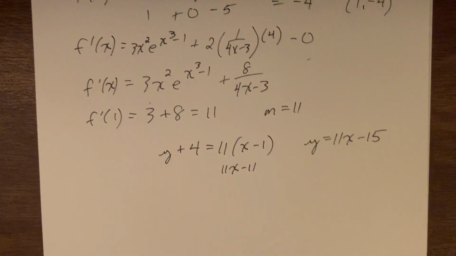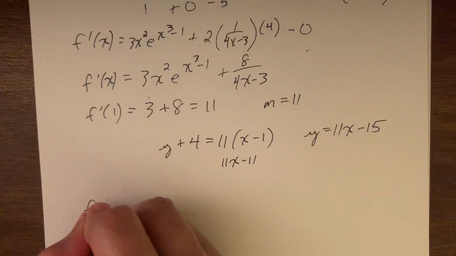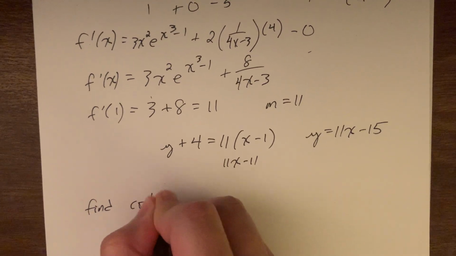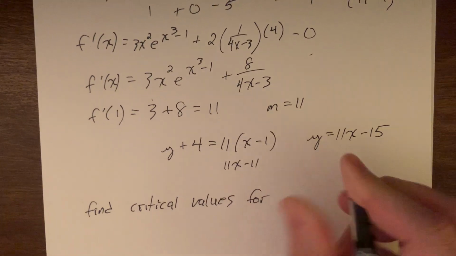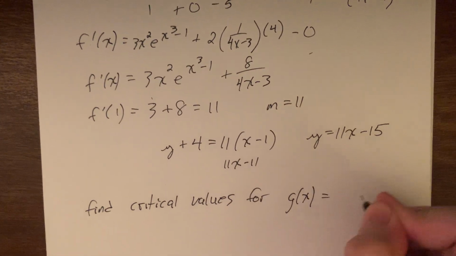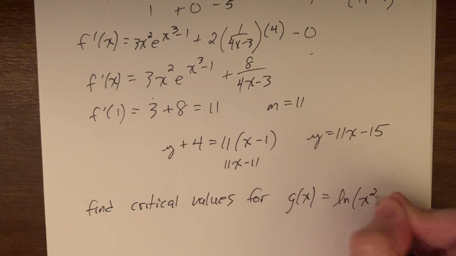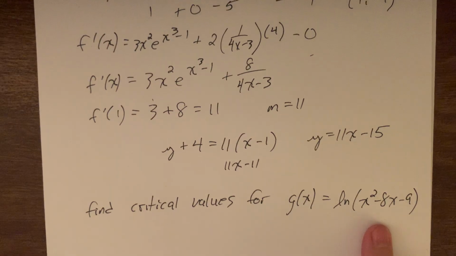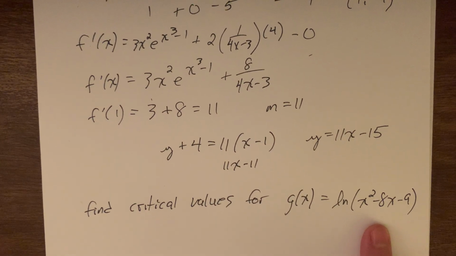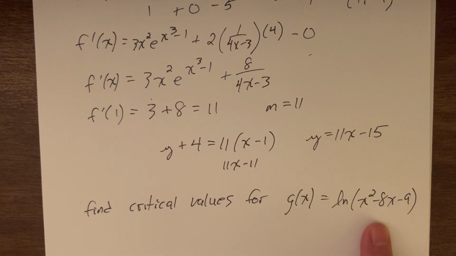Okay, second problem. Let's find the critical values for g of x is log of x squared minus 8x minus 9. Critical values are where the derivative is 0 or undefined.